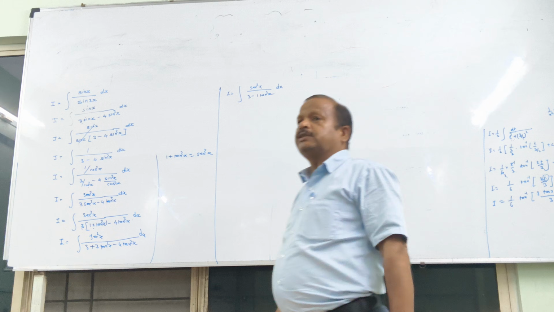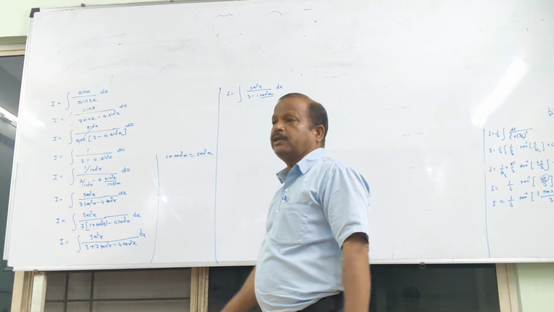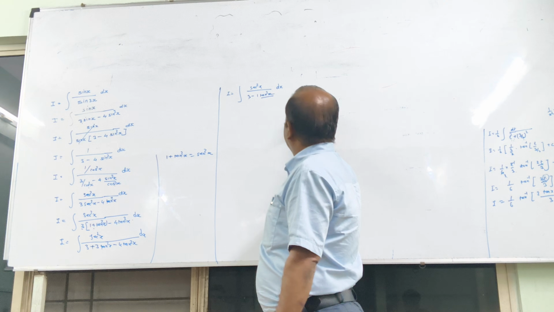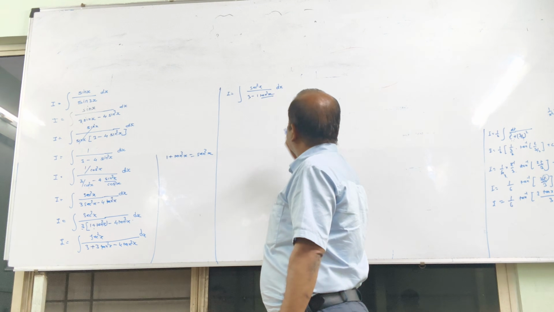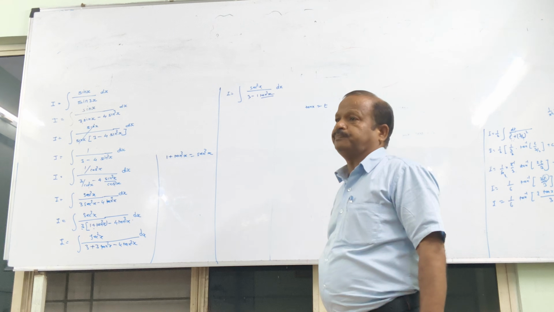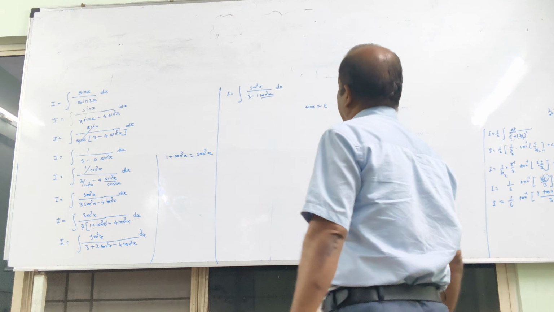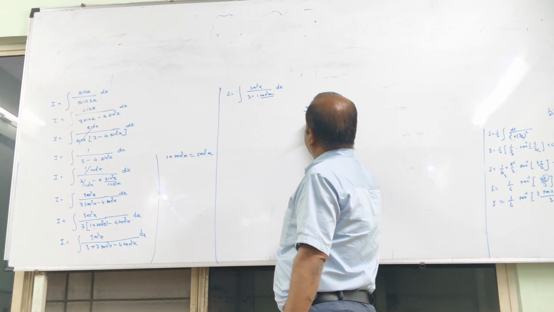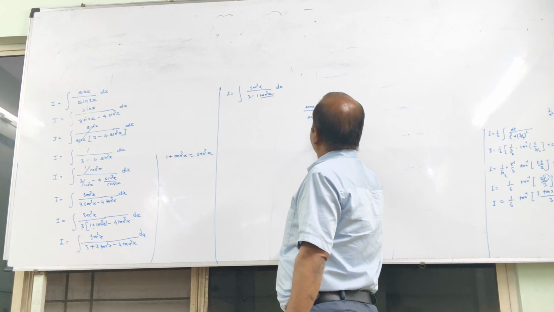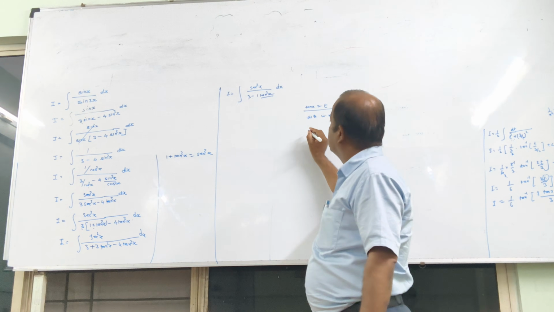To convert into the standard form, we must put tan x equal to t. Whenever we substitute any constant, we must obtain the derivative. So differentiate with respect to x: what is the derivative of tan x?